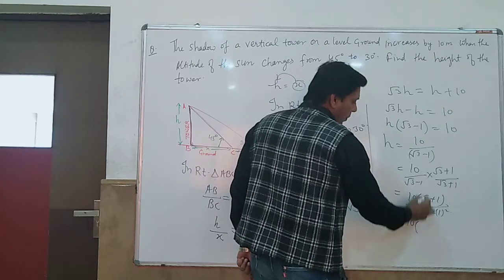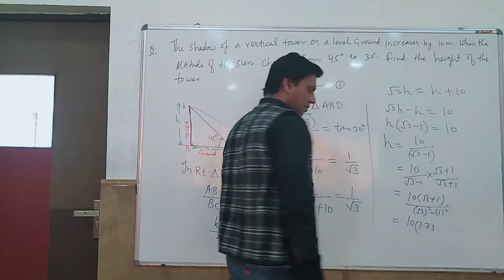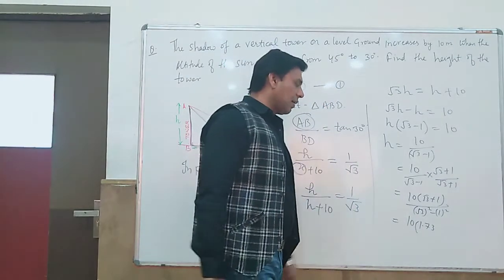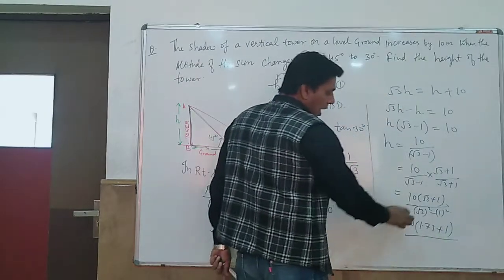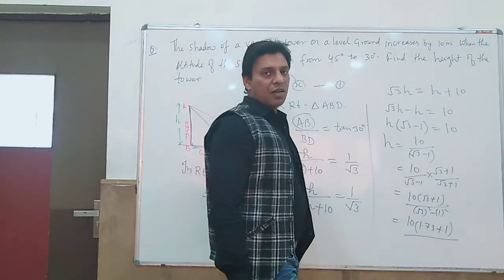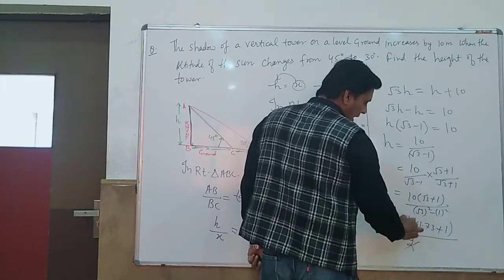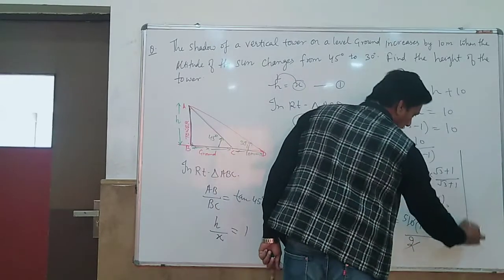In place of root 3 we can write 1.73. This is the value of root 3, 1.732, but we can take up to 2 decimal places, plus 1. Root 3 square is 3, and minus 1 you will get 2. So now you can divide by 2. So finally we have the answer.